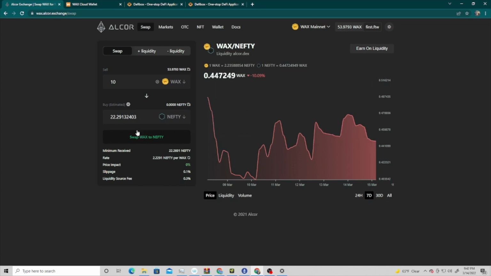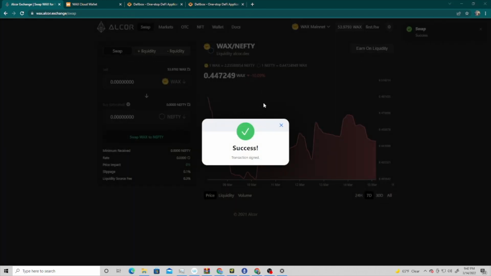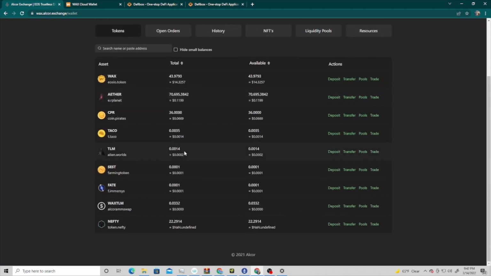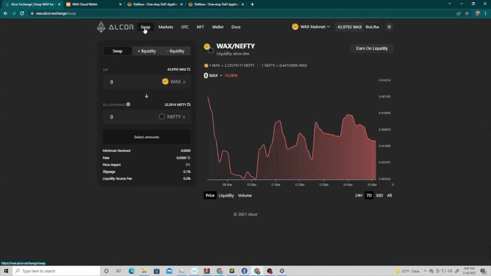So let's say swap, go, sign, and just like that, I now have 22 Nefty tokens in my wallet. If I go back to the wallet tab here, it'll update and show me now I have 22 Nefty tokens here as well. So that trade didn't have an order waiting to be filled, but instead that trade was filled by what's called a liquidity pool.